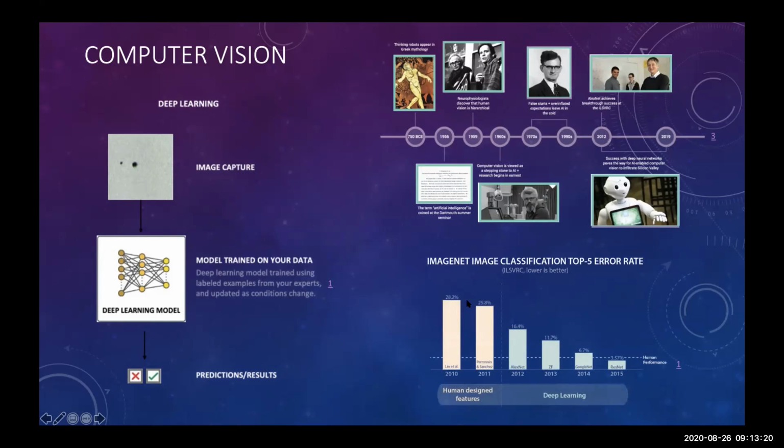And here you can see the top error rate, and you can see what a drop it goes from human-designed features to deep learning. ILSVRC is the ImageNet competition.